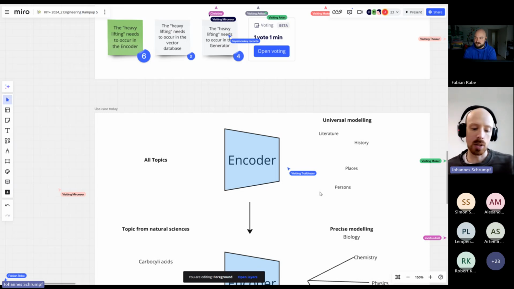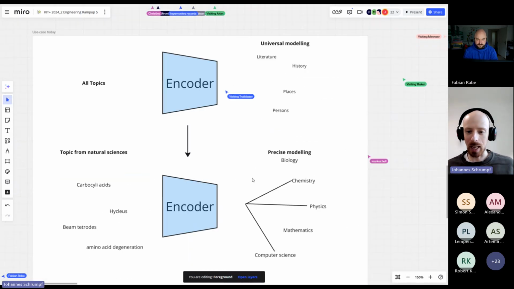We don't want the encoder to distinguish between these many general topics; we want to make it an expert on topics from the natural sciences, able to distinguish between very niche questions from many different domains.